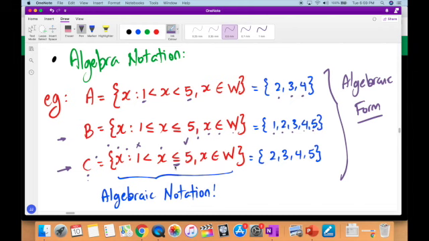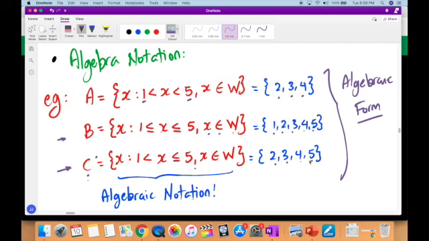You could see here it's equal to 5, but it's not equal to 1. It's greater than 1. So you could see here that x is between 1 and 5, including 5, where x is an element of whole numbers. So it doesn't include the 1, but it does have 2, 3, 4, and it does include 5.